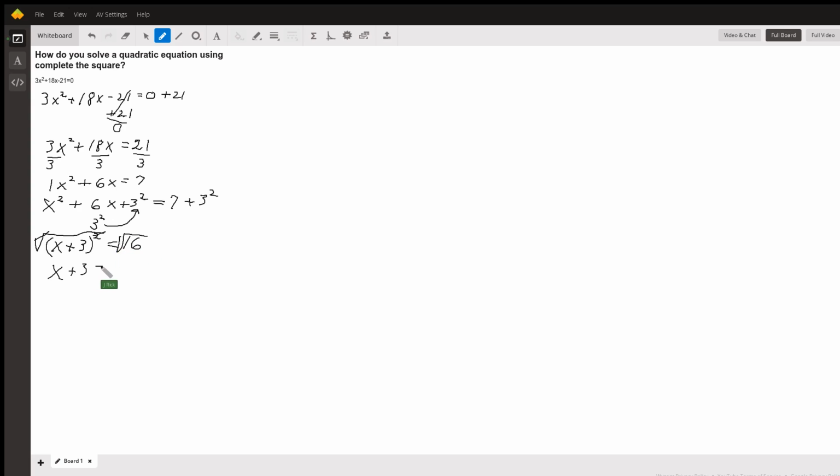And when you take the square root of something, you end up with a positive and a negative answer there. So from here, we've got to go for 2 answers. Okay, this is going to be x plus 3 equals a positive 4, and then x plus 3 is going to equal a negative 4.